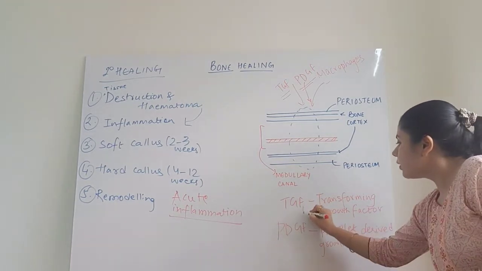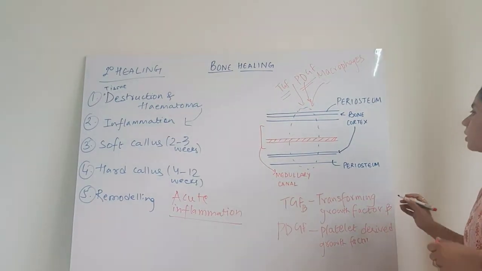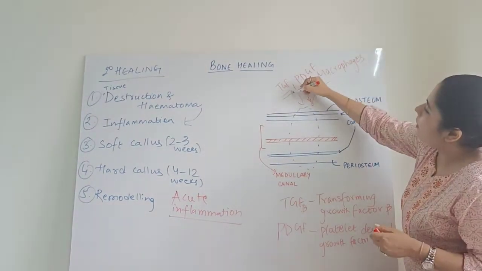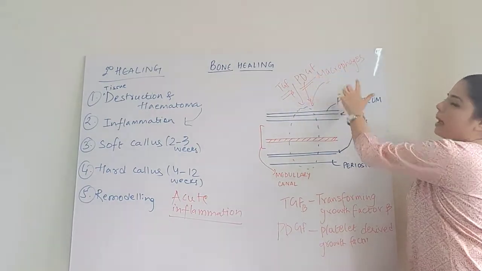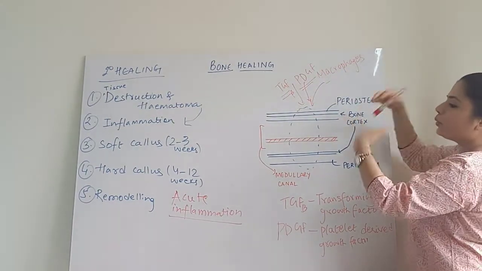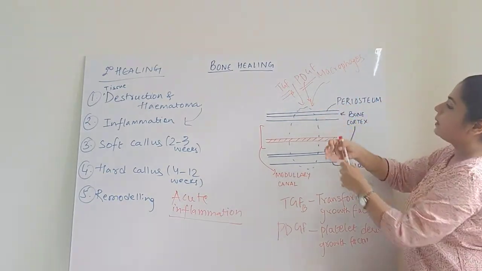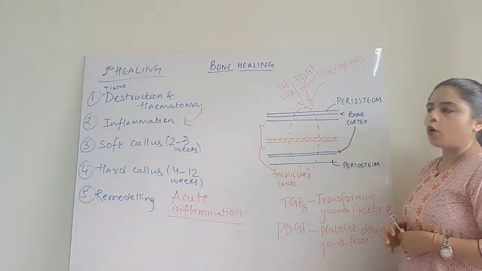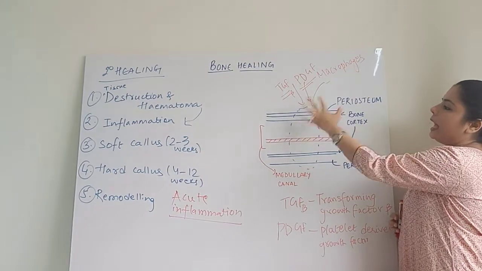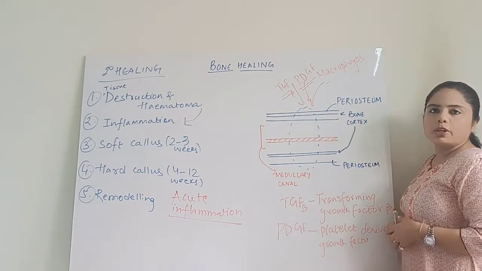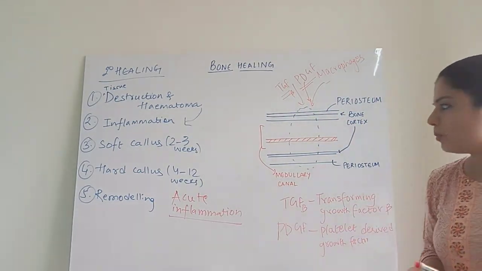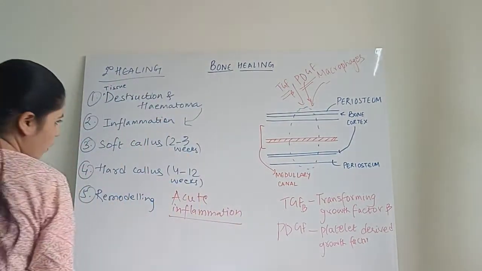This is actually TGF beta. So TGF, PDGF and macrophages, they start due to the initiation of the acute inflammation reaction, all of them start to accumulate at the site of damage or at the site of hematoma formation. Here the inflammation begins.